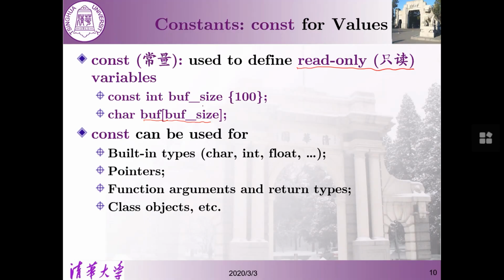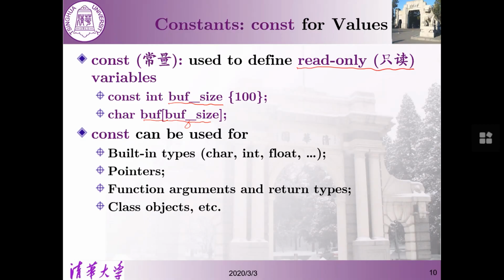And also this const variable will be initialized at the beginning. So the compiler actually can know this value, right? The compiler knows this value. That's why the compiler can define an array using this value. Otherwise, we cannot do that, okay? And also, we cannot modify it. It is read-only.